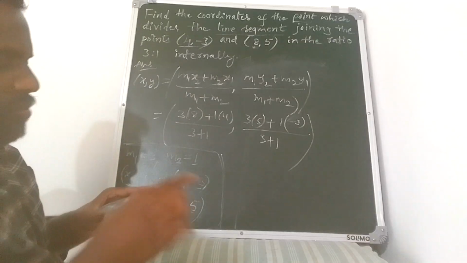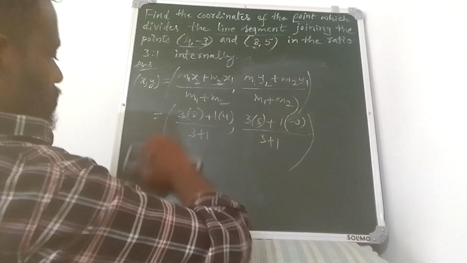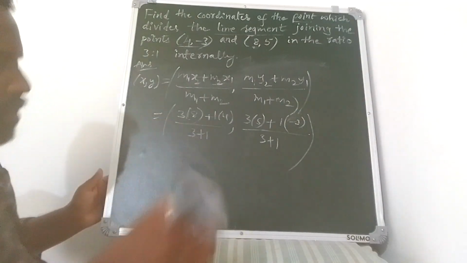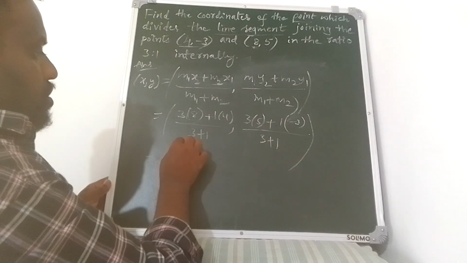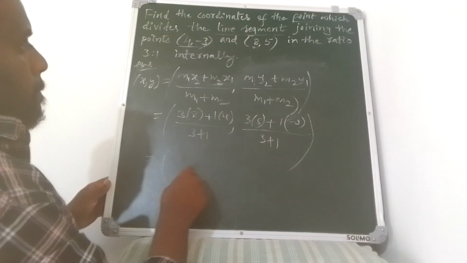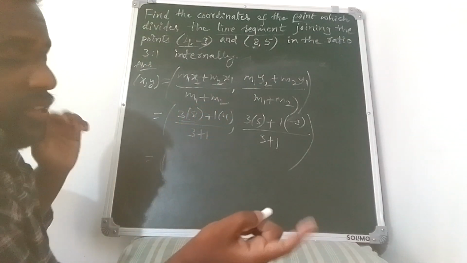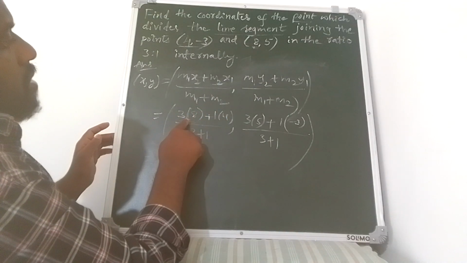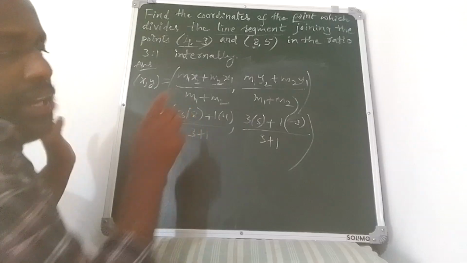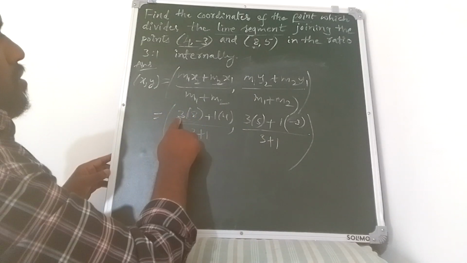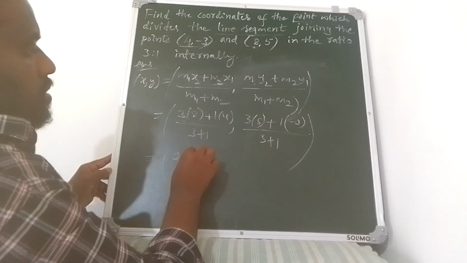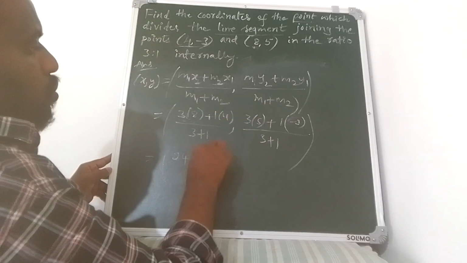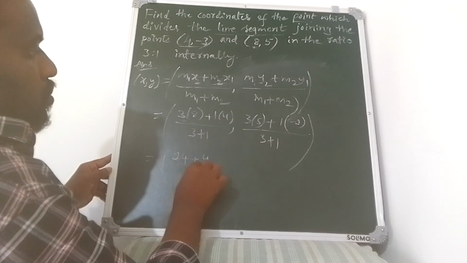Now it is just simplification. Here the bracket means multiplication, so 3 into 8, 3 eights are 24, plus 1 into 4, 4, divided by 3 plus 1 which is 4.